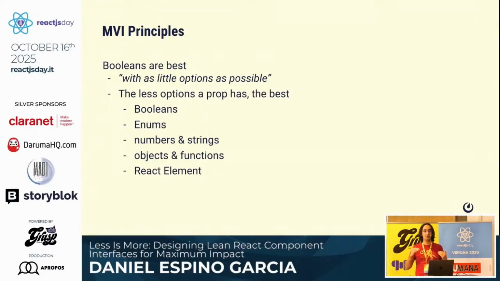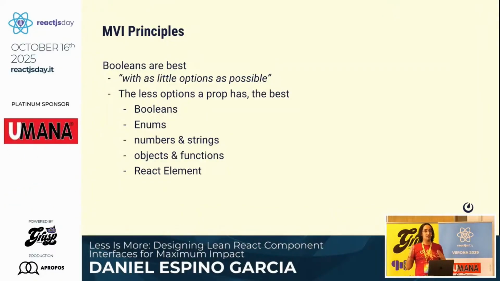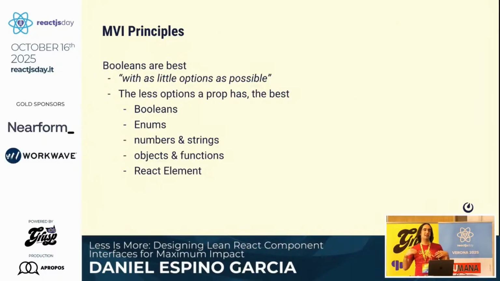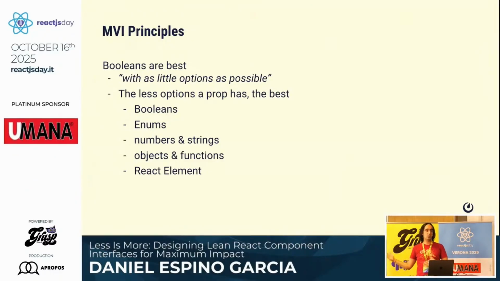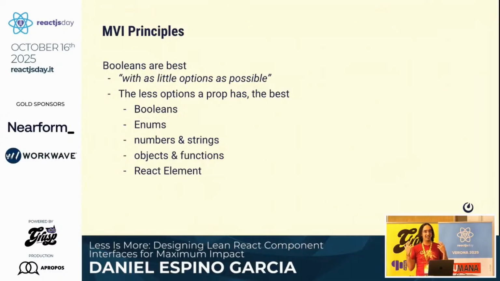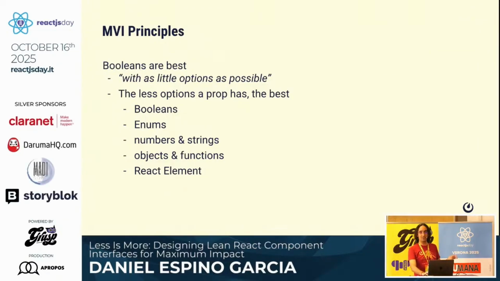The moment you have children, the responsibility of how something looks gets into the parent and gets into the developer and opens a door to the developer to introduce there whatever they can imagine. And leaving that door open can break a lot of styling, can break a lot of how things are supposed to look. That's why I don't like to have either children or props that receive directly a React element.